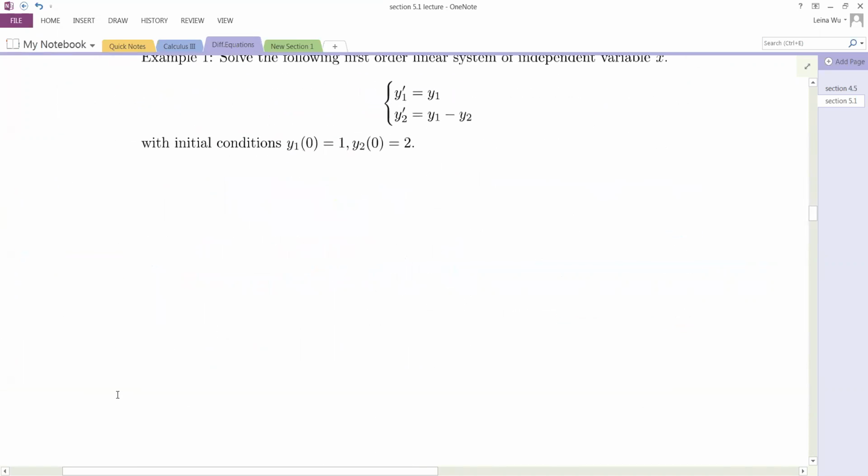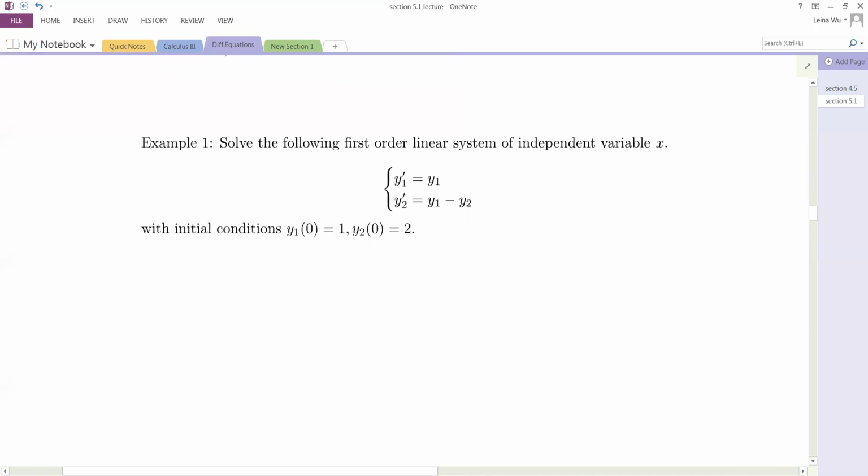So let's look at one example here. In example one, you see there are two dependent variables, y1 and y2. The independent variable here is x. This is a first order linear system because y1 is raised to the first power, and y2 is also raised to the first power. In this linear system, we're solving for y1 and y2.